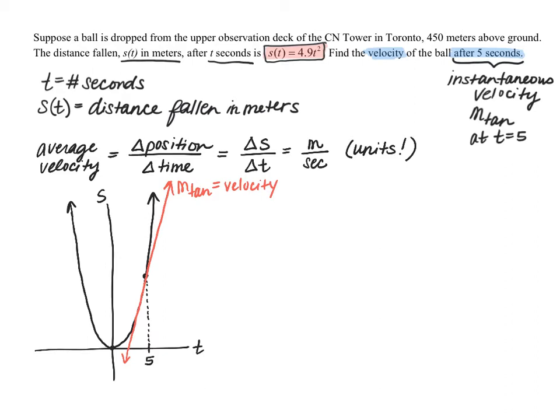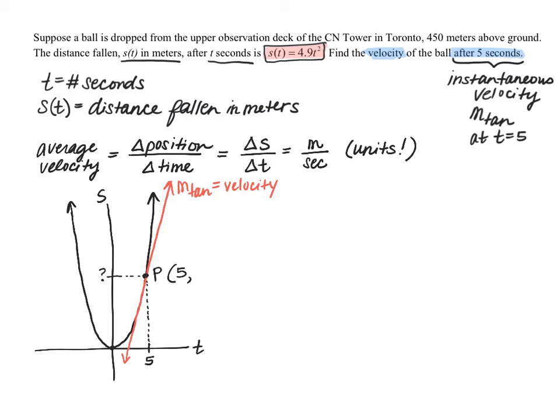To be consistent with our previous videos, let's call this point of tangency point P. For point P, we have an input of 5, and then an output, whatever this y value here is. This y value represents the distance that the ball has fallen after 5 seconds.